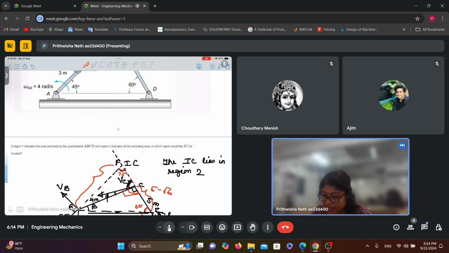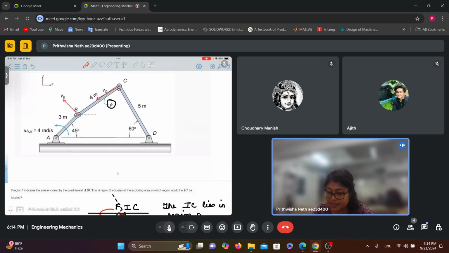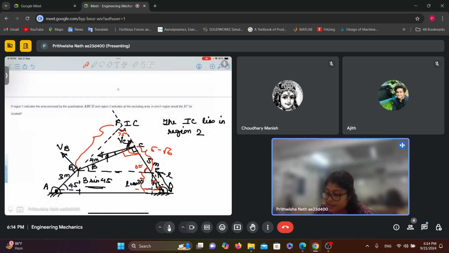So in the problem we can see that the link AB, the velocity VB is perpendicular to the link AB, and velocity VC is perpendicular to the link CD. So we simply extend those lines, and the point where they meet is the IC, and this IC lies outside the area enclosed by the quadrilateral ABC.